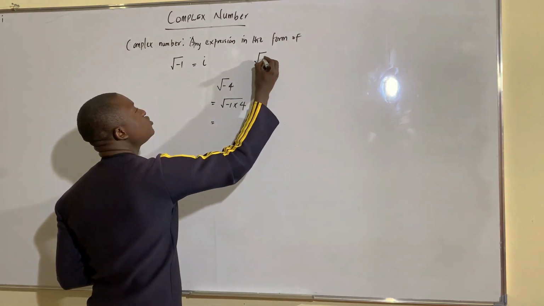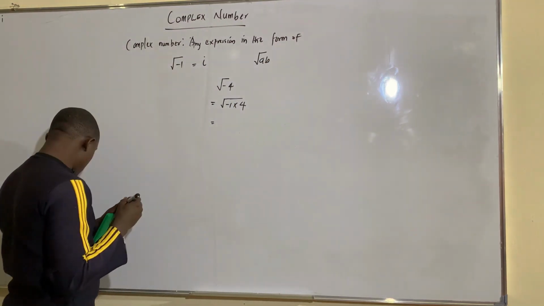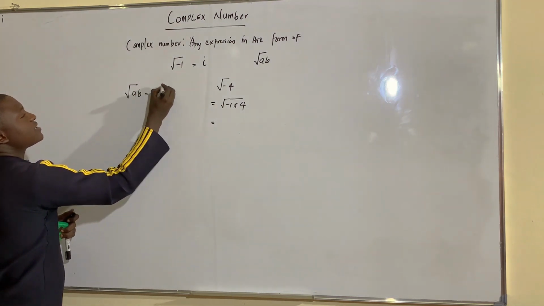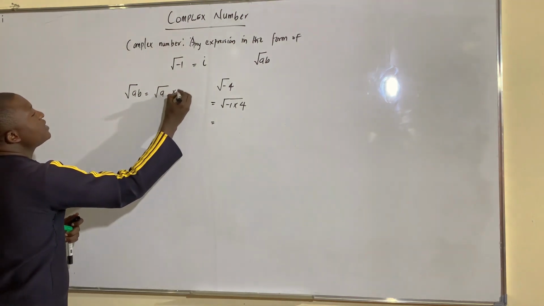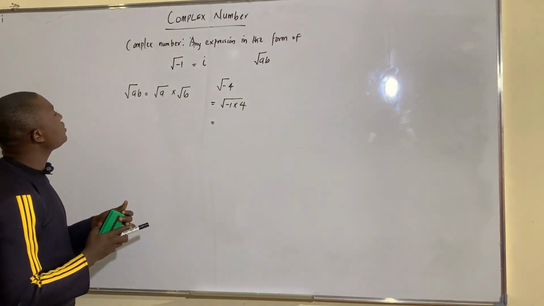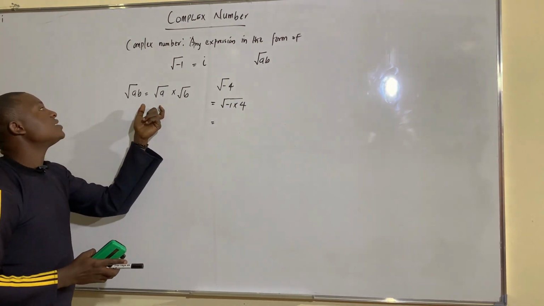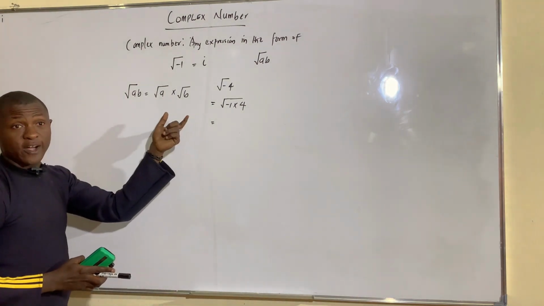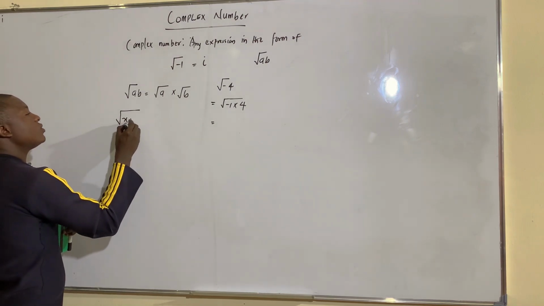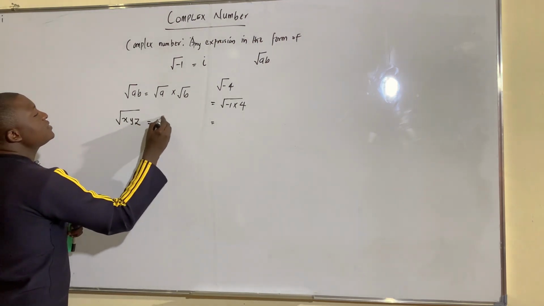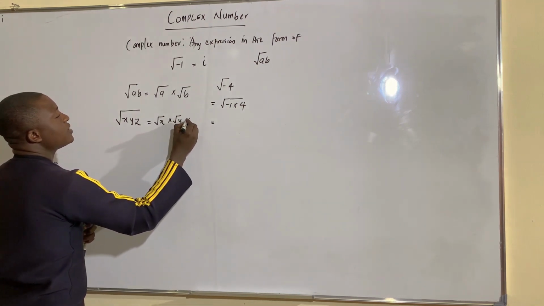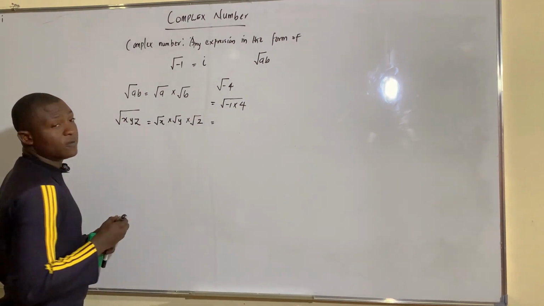If I have square root of AB, this can simply be written as square root of A times square root of B. Even if I have square root of XYZ, this can be written as square root of X multiplied by square root of Y multiplied by square root of Z.